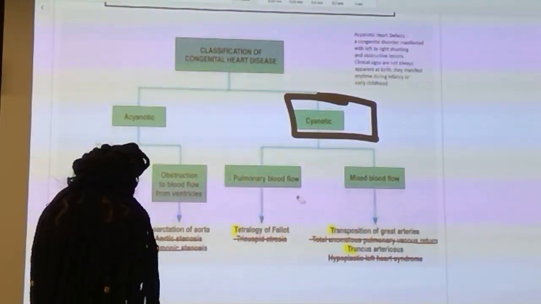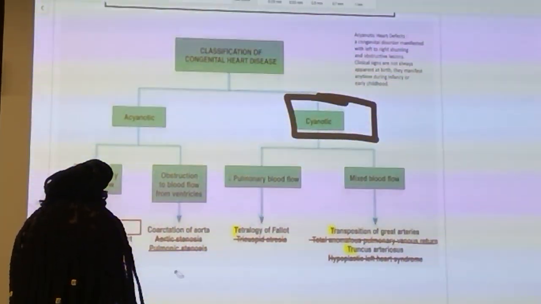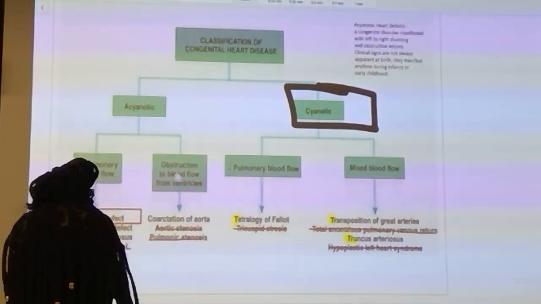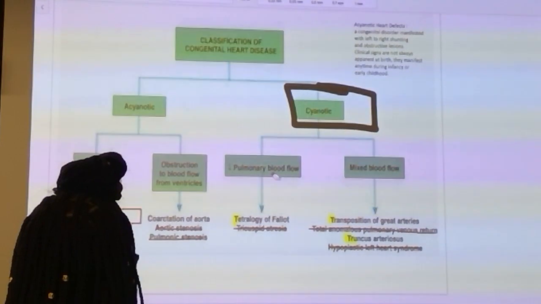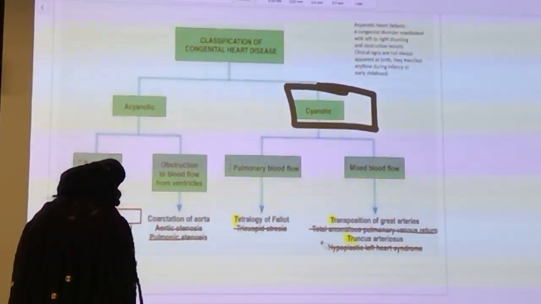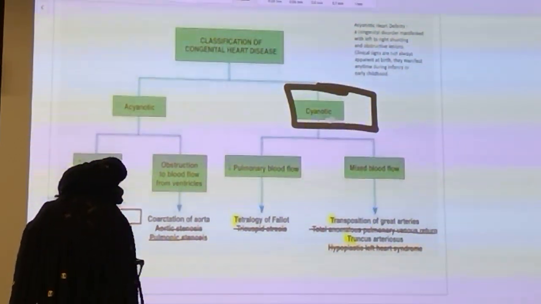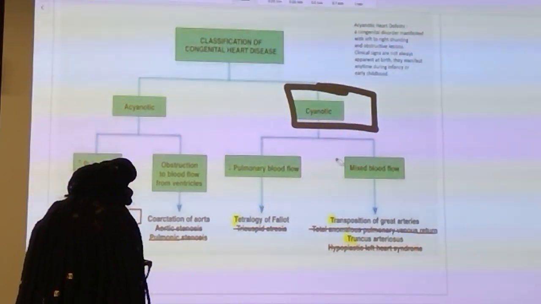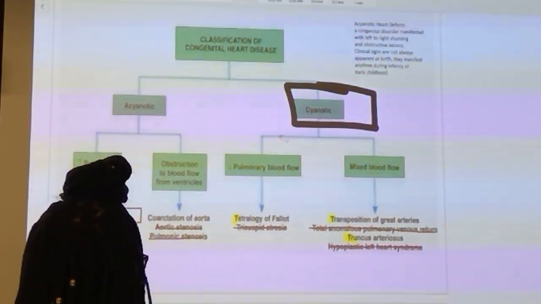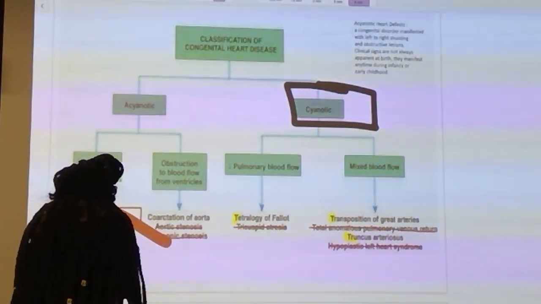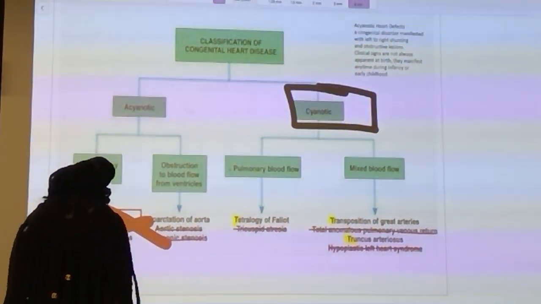Because I remember her mentioning that she would focus mostly on the acyanotic. Not really. Just be able to know what they look like. This is important because in the vignette they'll say this may be cyanotic, so you can instantly cross out these conditions, and vice versa if it was acyanotic.